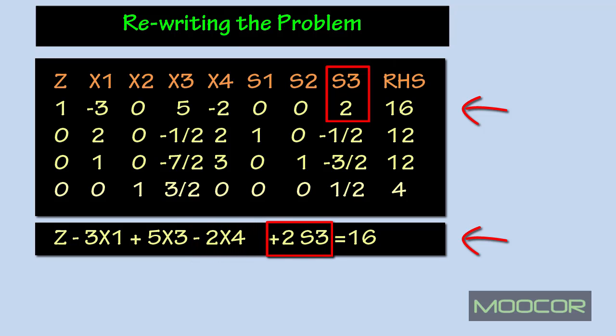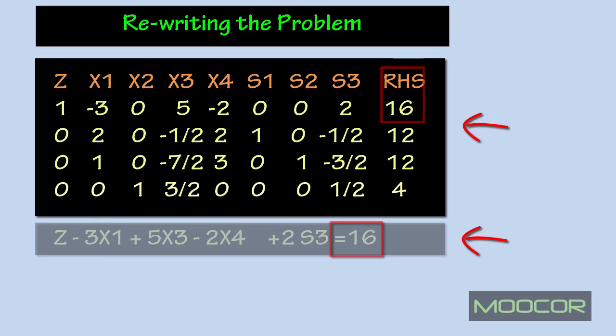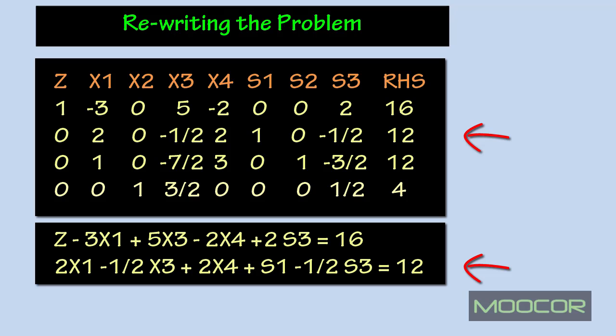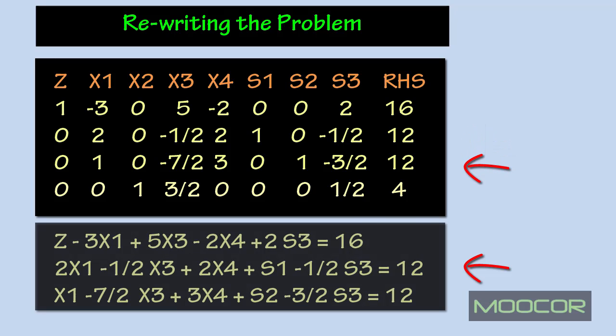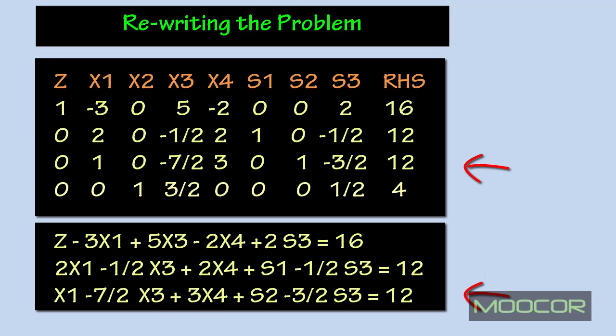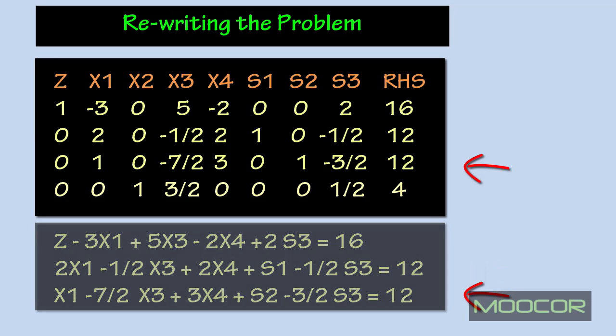The same is true for the rest of them as well. The second row will be 2x1 minus 1/2 x3, 2x4, 1s1 minus 1/2 s3 equal 12, and so on for the other two rows.